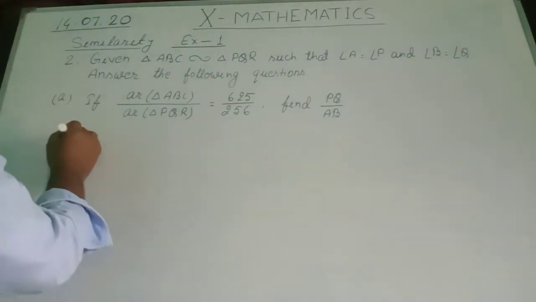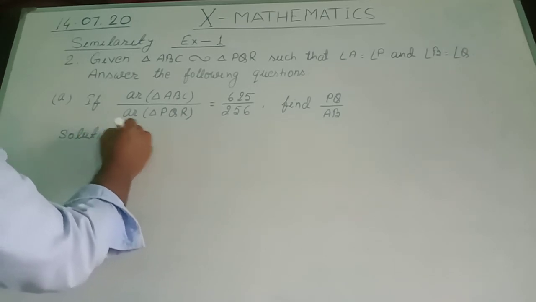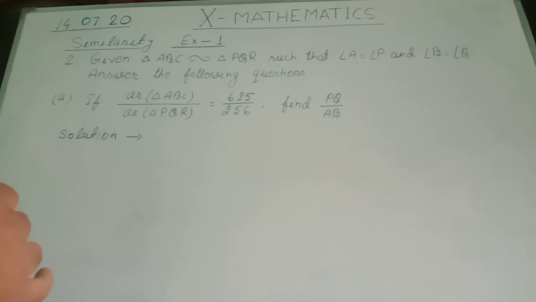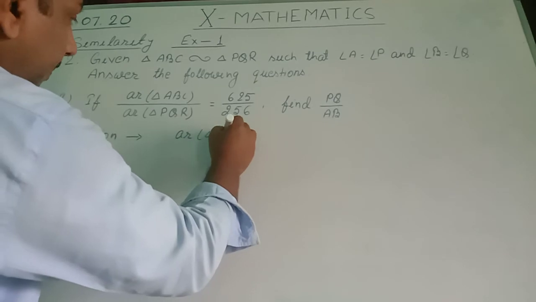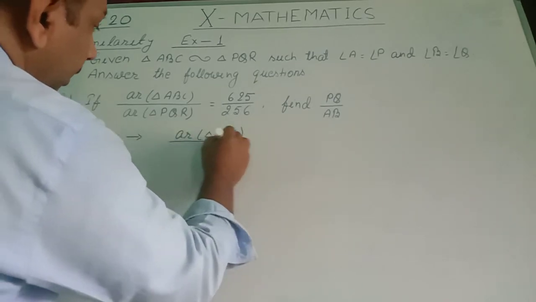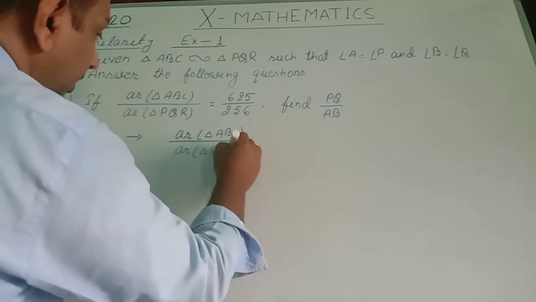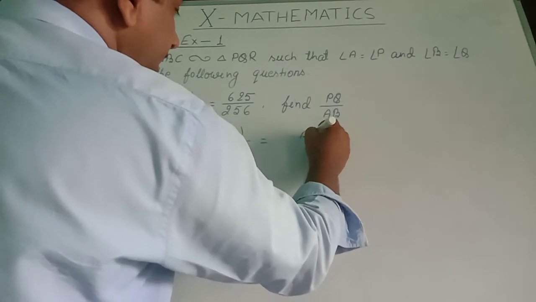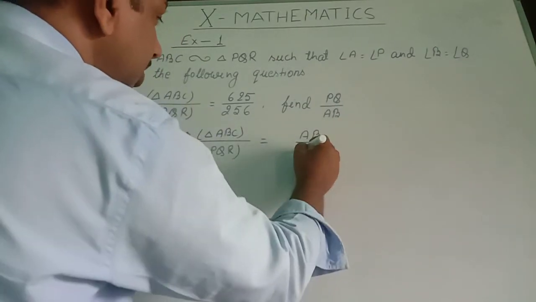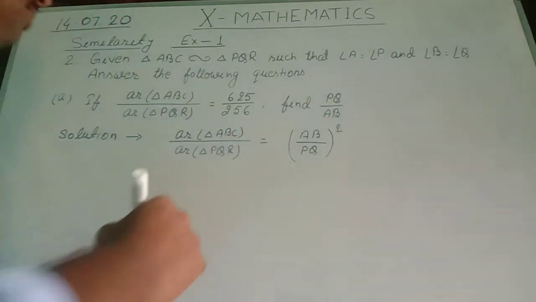Now we write the solution. As you have practiced in question number 1, area of triangle ABC by area of triangle PQR is equal to square of ratio of their corresponding sides, that is AB is the side of triangle ABC and PQ is the side of triangle PQR, square of this.